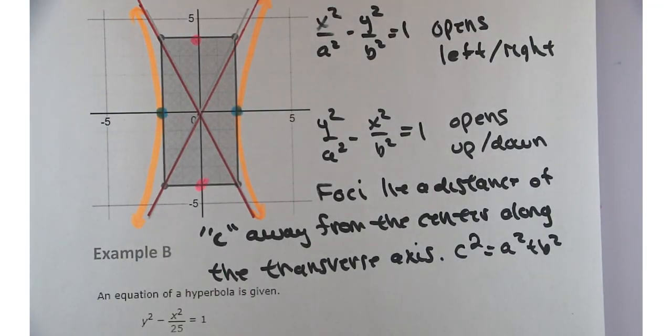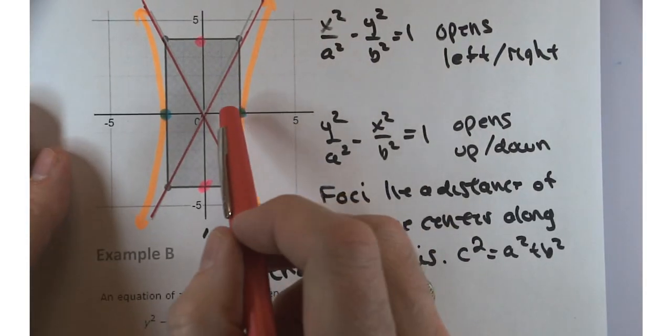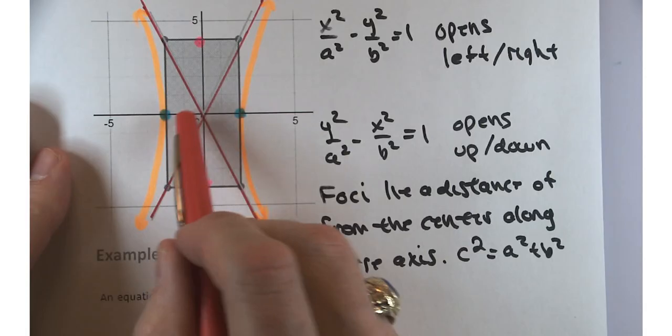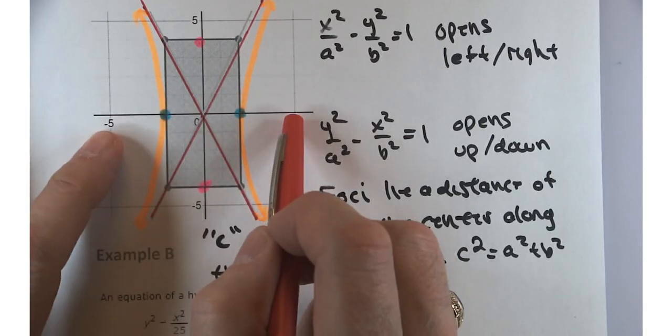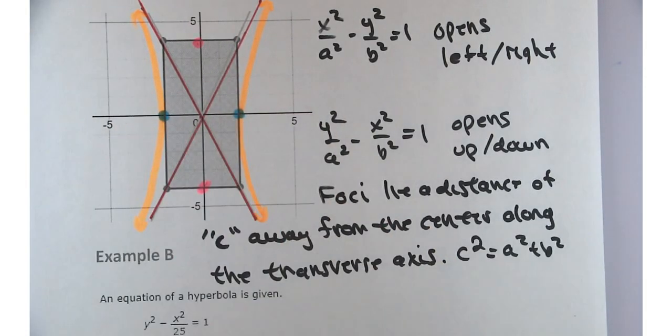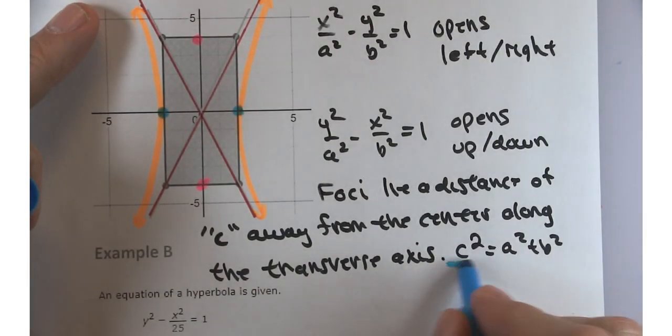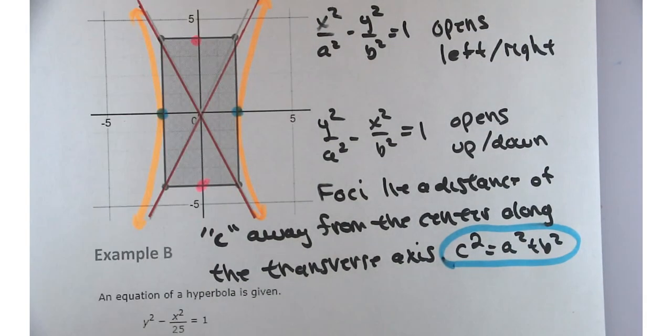So if you make a mistake and accidentally use C squared as A squared minus B squared, you're going to probably end up with foci inside the rectangle as opposed to inside each branch of the hyperbola. So it's a nice way to double check yourself if you graph it and look at it and go, wait a minute, that doesn't look right. If that's the case, go back and fix it. So let's figure out what C is for this particular one.